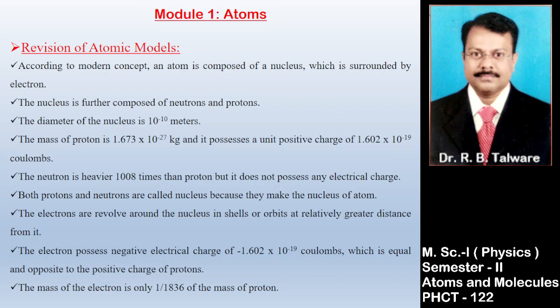The charge quantity is the same: minus 1.602 into 10 to the power minus 19 coulomb is the negative charge, and 1.602 into 10 to the power minus 19 coulomb is the positive charge of the proton, equal and opposite. That's why the atom is stable. The mass of an electron is only 1 upon 1836 of the mass of a proton.